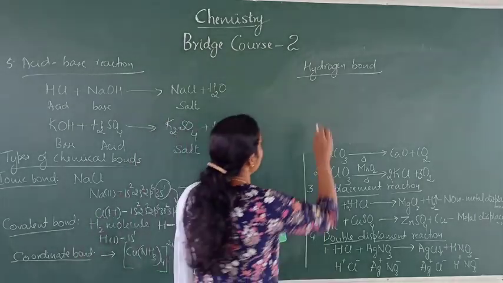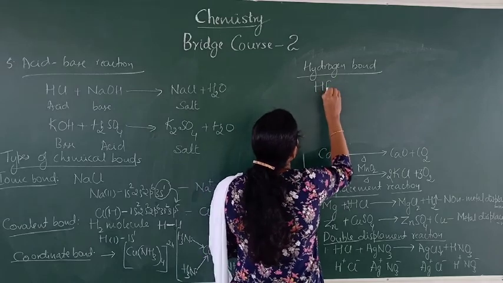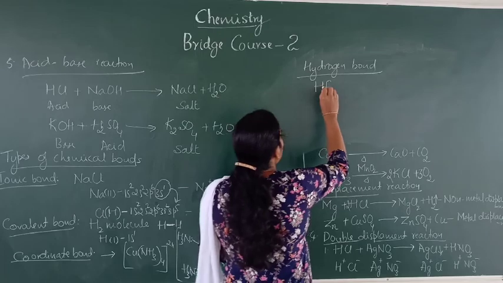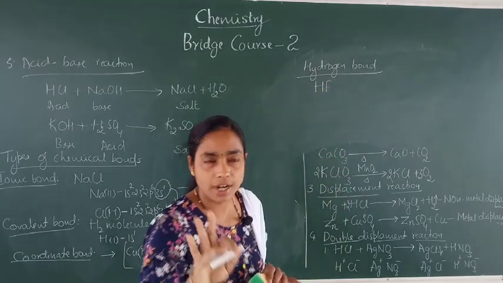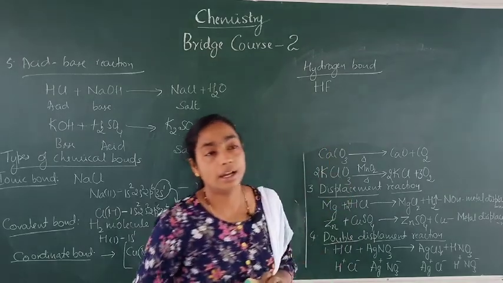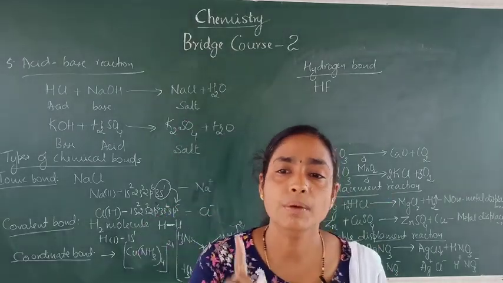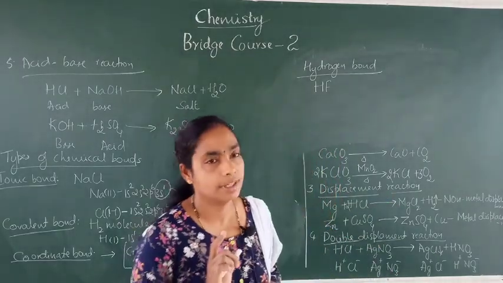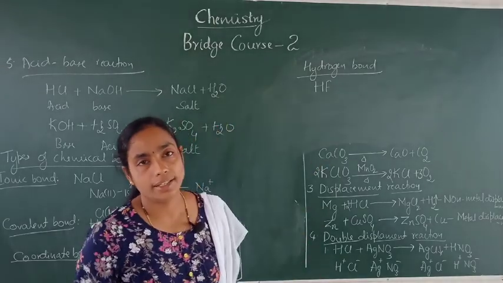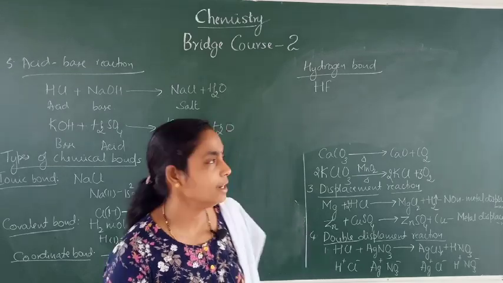I will give you the example. Hydrogen fluoride. For the formation of hydrogen bond, a hydrogen atom must be there in the molecule, and another element present should be a most electronegative element. Halogens are most electronegative elements. So I will take this hydrogen fluoride molecule as an example.